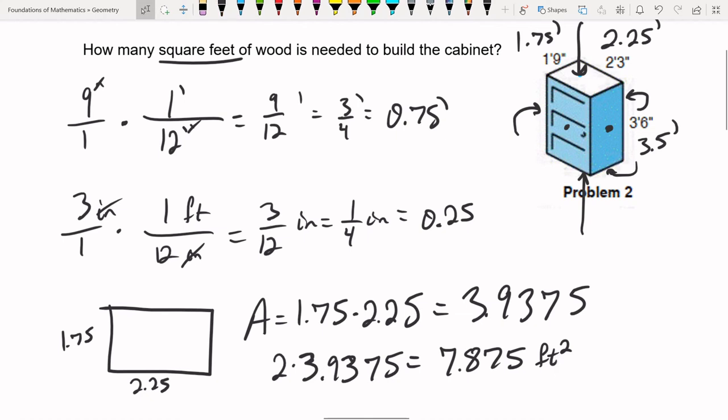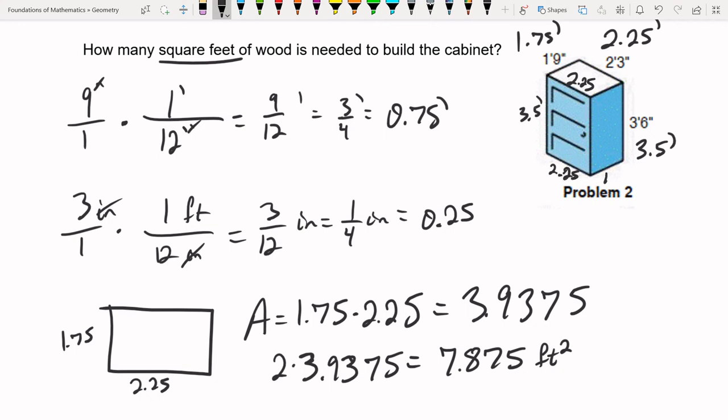The front you see here. Let me make this a little bit easier to see. This was 3.5 feet. The front here is 3.5 feet by 2.25, I meant to say. Sorry. This is 2.25.